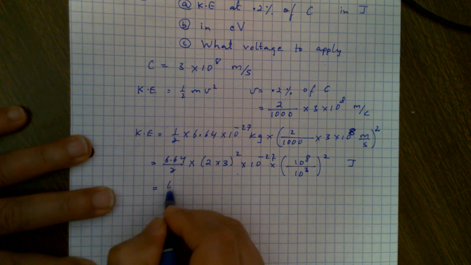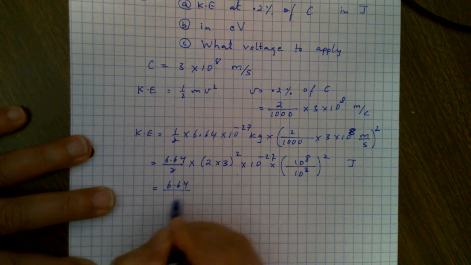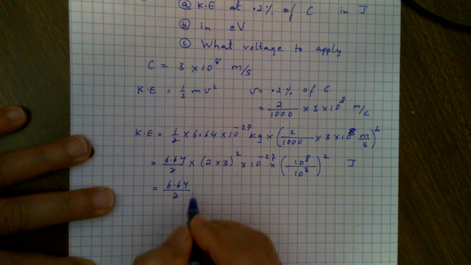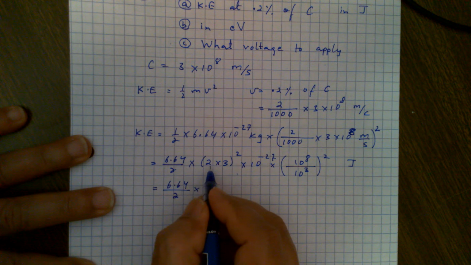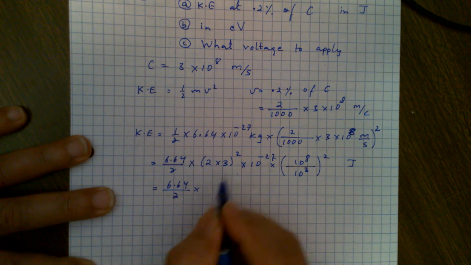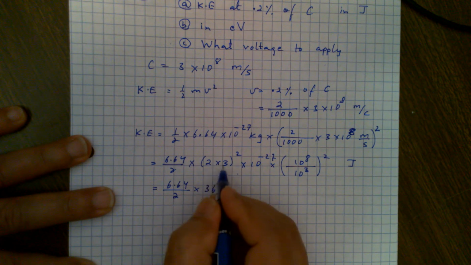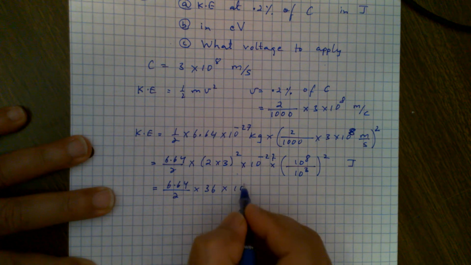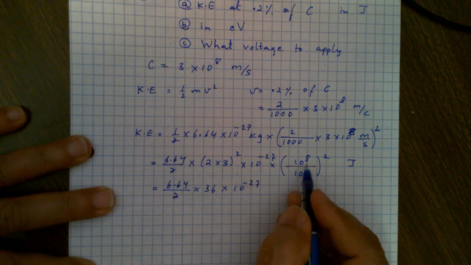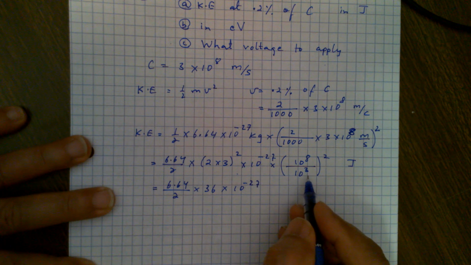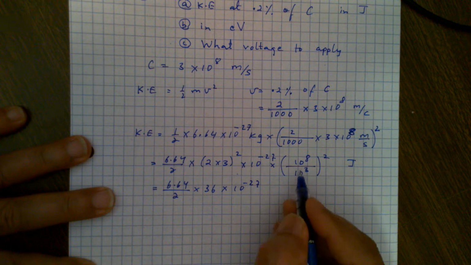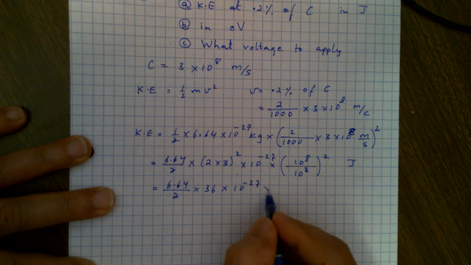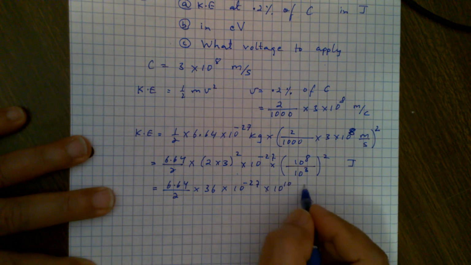So now I can write 6.64 divided by 2 times 2 times 3 is 6. 6 squared is 36, but at this stage you can put 6 squared if you want. 10 to the power negative 27. Then 10 to the power 8 and 10 to the power 3, so you get 10 to the power 5, because 8 minus 3 is 5. So 10 to the power 5 squared, that's 10 to the power 10 joules.